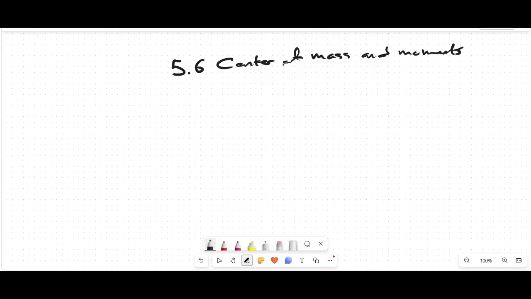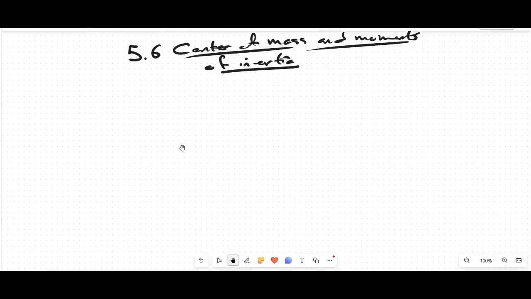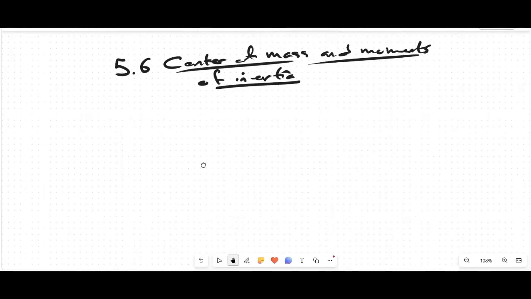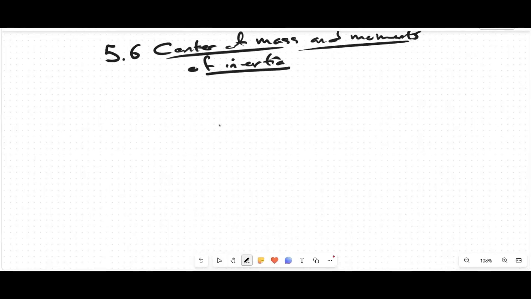You can think about this as an application of the integration techniques we've been working on for multivariable. And I'm going to start by just giving you the idea, and then we'll try to develop the math around it.